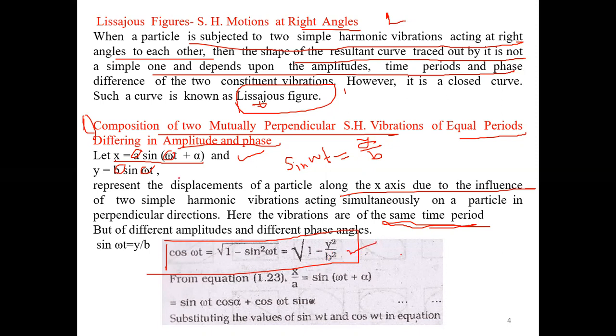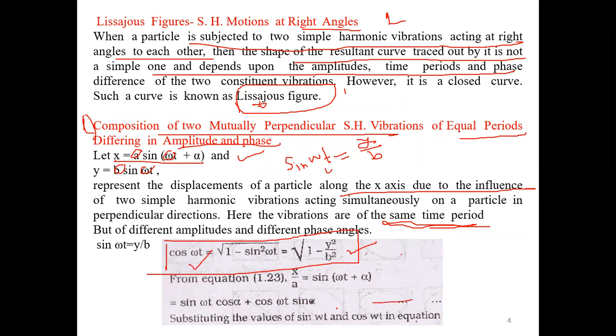And then from the other equation, x by a will be sine(omega t plus alpha). So sine(omega t plus alpha) means sine omega t cos alpha plus cos omega t sin alpha. You know the value of sine omega t from here, and you know the value of cos omega t over there, so substitute the values of sine omega t and cos omega t in this equation.